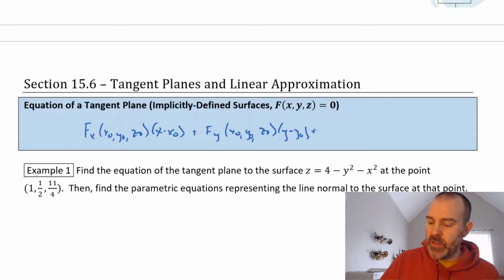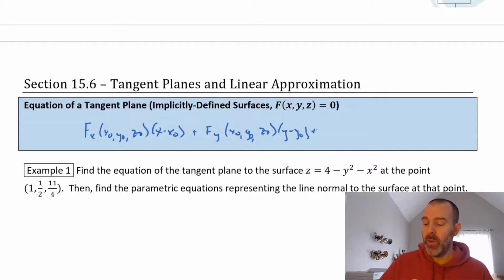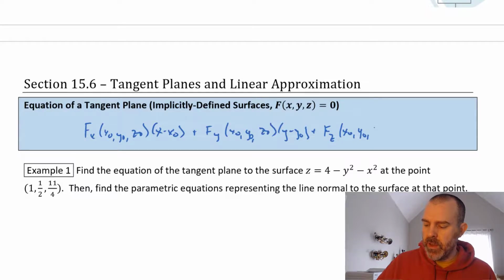And then here, since we have a function of x, y, and z already, it is its own level surface essentially. We would take the partial derivative with respect to z of that function on the left-hand side there.